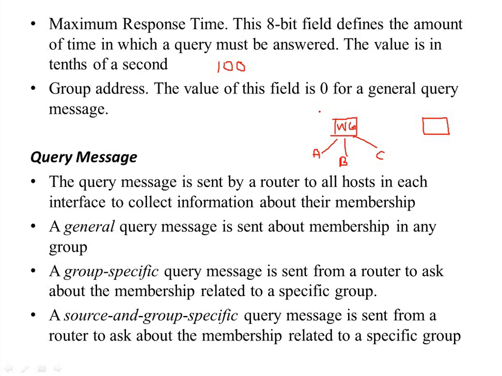Let us consider that this is the department 1 work group and this is the department 2 work group, with D and E, connected to each other and maybe to other groups. A has the membership of the department 1 group, and D has the department 2 work group membership.